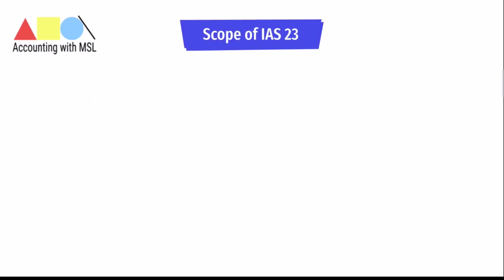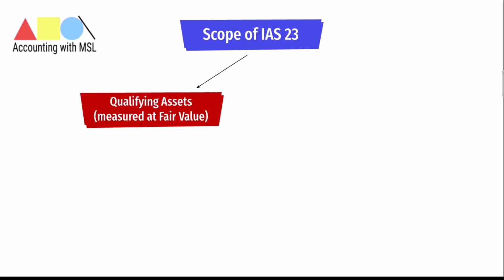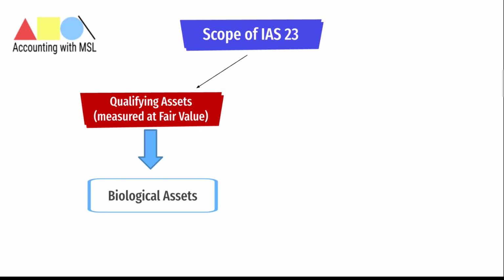So we know the objective of IAS 23 now, what is within the scope of IAS 23 borrowing cost, and what is outside the scope? In general, there are two types of assets that would otherwise be qualifying assets, but for the purposes of IAS 23, they are excluded from the scope of the standard. The first would be qualifying assets that are measured at fair value, such as biological assets accounted for under IAS 41, agriculture.